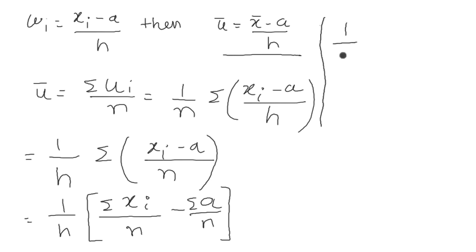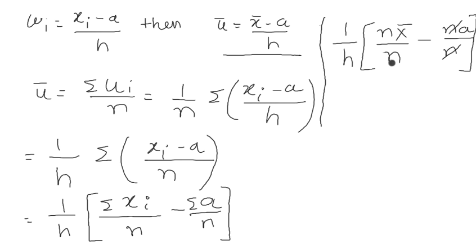So 1 upon h inside the bracket, summation of xi is nothing but n x bar, according to the first property of arithmetic mean. And a is constant with respect to summation, because summation is varying from i equal to 1 to n. So I can write summation a as na upon n.